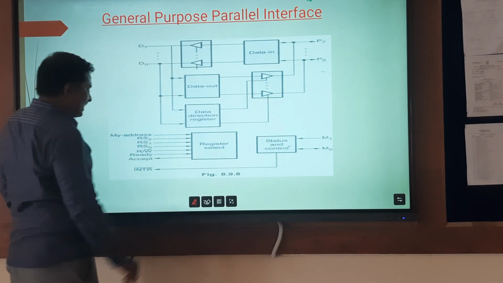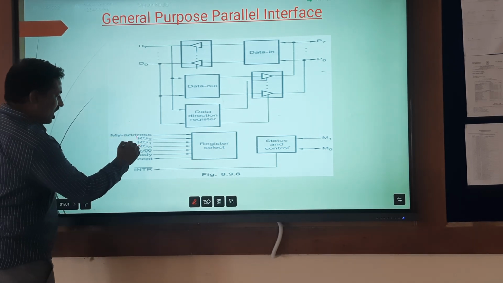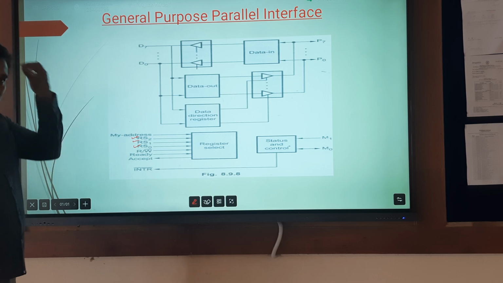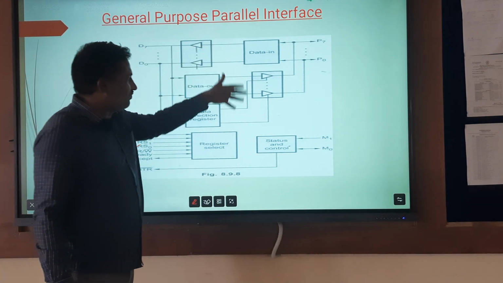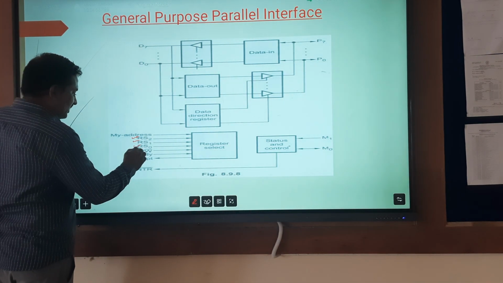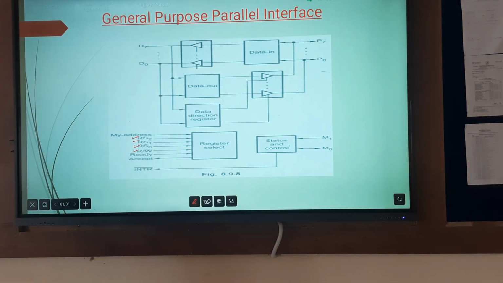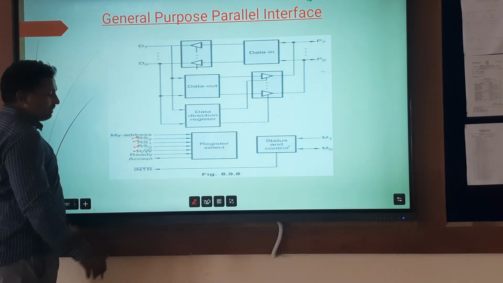This is the register select. These 3 are the register selection bits RS0, RS1 and RS2. By using those 3 register selection bits, one of the registers will be selected during the operation. And this is the read and write operation. With the help of read and write, the processor identifies what type of operation is going to be performed.